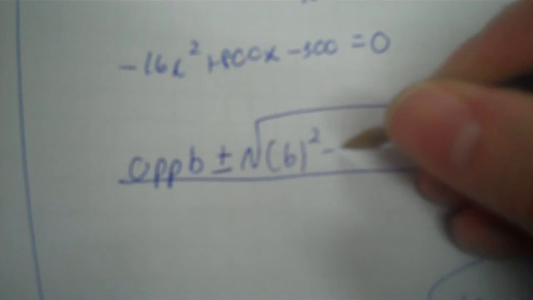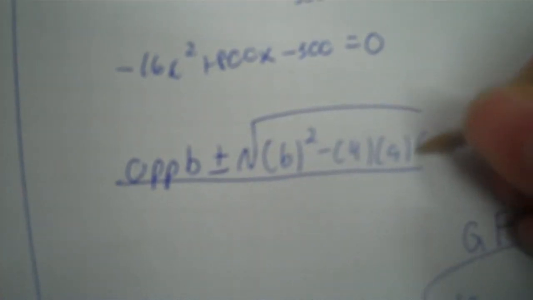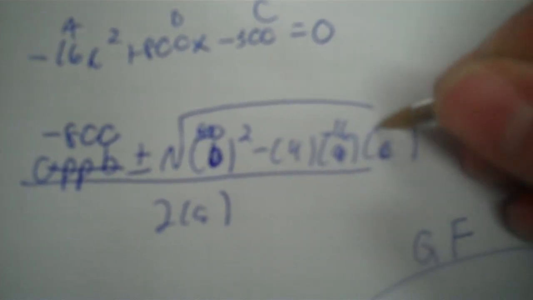Opposite of b, plus or minus the square root, b squared minus 4ac, over 2a. So ABC. Opposite of b, negative 800. B, 800. A is negative 16, C is negative 300, and the bottom A is negative 16.